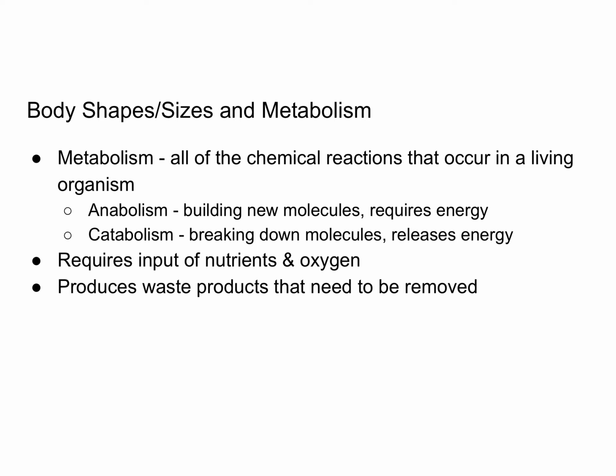An example of anabolism would be taking monomers and sticking them together in order to make a polymer or a macromolecule. So we could write that out as monomer plus monomer gives you a polymer. And these polymers, we can also typically refer to them as a macromolecule.